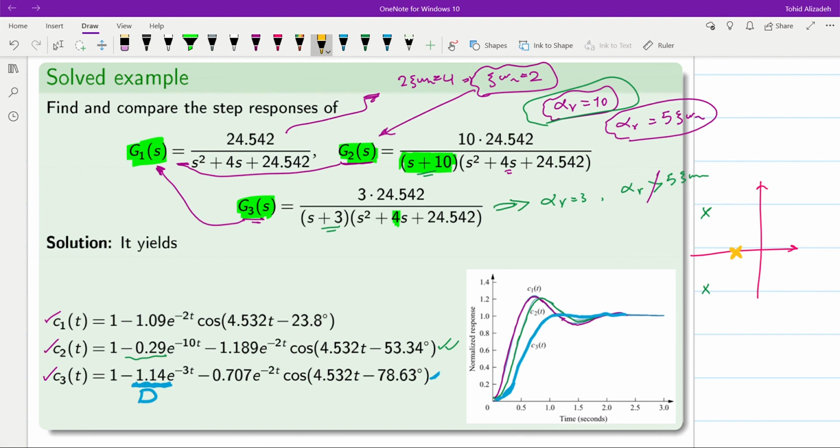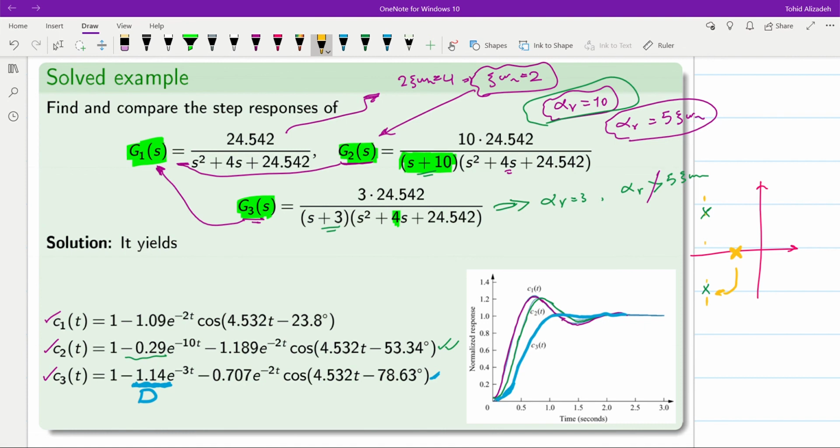As the additional pole moves towards the origin, its effect will become more and more dominant. If it goes closer to the origin compared to the complex poles, you will see that its effect will be bigger than the effect of the two complex poles that we have for such a system.